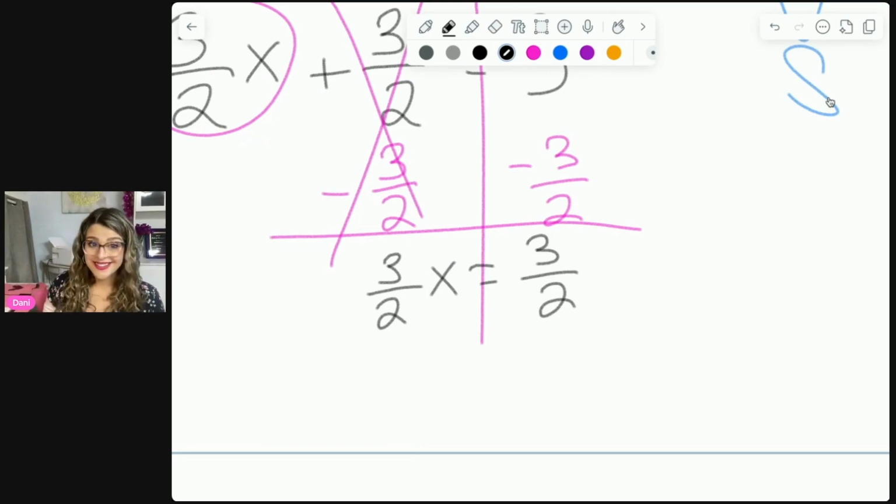But we really want to cancel out that fraction, right? How do we cancel that fraction out? Remember, dividing by a fraction, keep, change, flip. Do you remember that from middle school? It's really multiplying by the reciprocal. So again, when you're dividing by a fraction, that's really multiplying by the reciprocal.